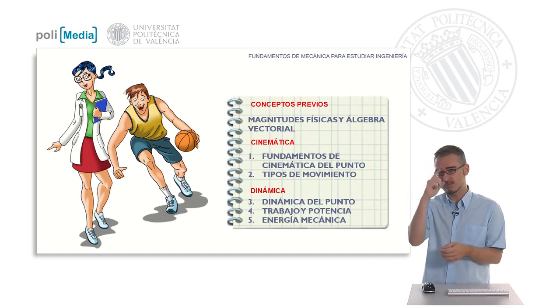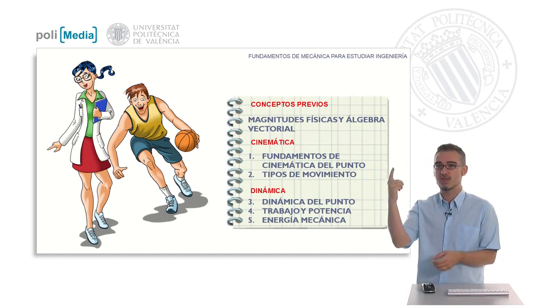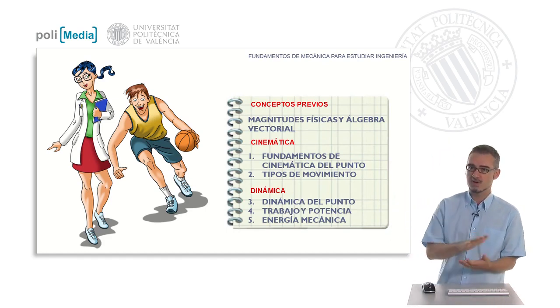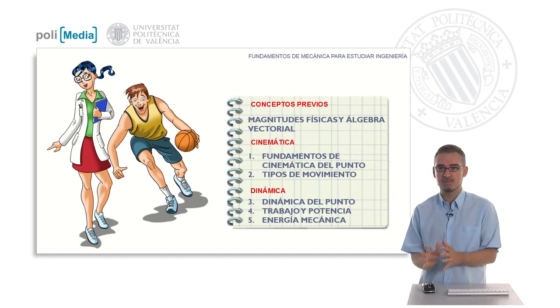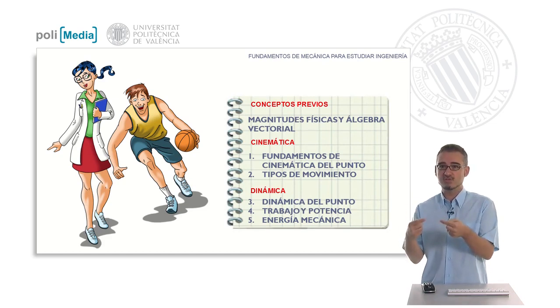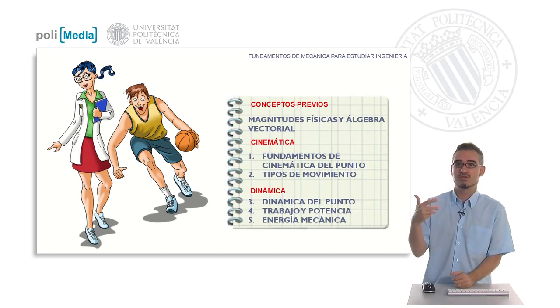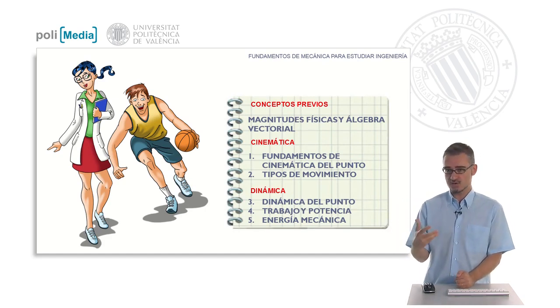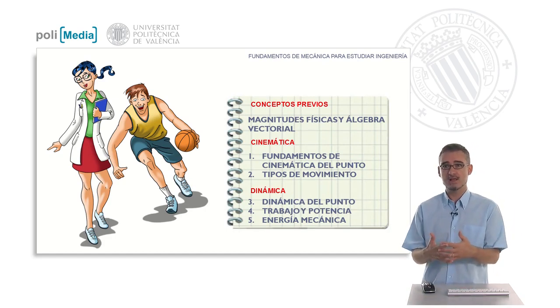Therefore, we would speak of this block of kinematics structured around two lessons. First lesson, a lesson on fundamentals, point kinematics considering point masses. And once these fundamentals are in place, this fundamental knowledge is applied to the different types of motion that we may encounter in practice. With respect to the dynamics block, we would also start with something similar.